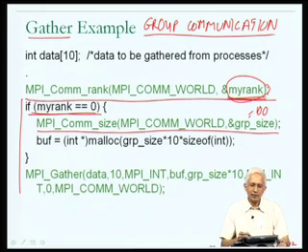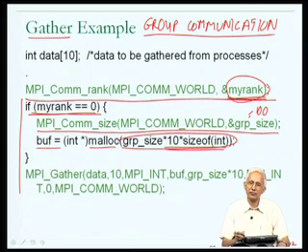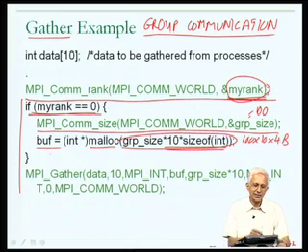Then it allocates a buffer. The process 0 allocates a buffer within its virtual address space using malloc of adequate size to allow each of the 100 processes involved in that communicator to send it 10 integers. So the size of this buffer in this example is going to be 100 multiplied by 10 multiplied by 4 bytes.